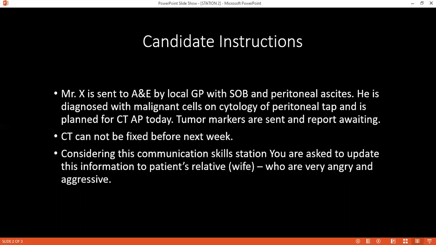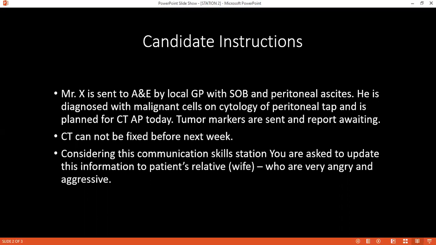Second thing, the CT scan is not functional. So what am I going to do with my husband now, doctor? I'm sorry, we're here to take care of your husband, and we're here to provide him the best possible care. We will do our best to ensure that your husband's care is optimal.